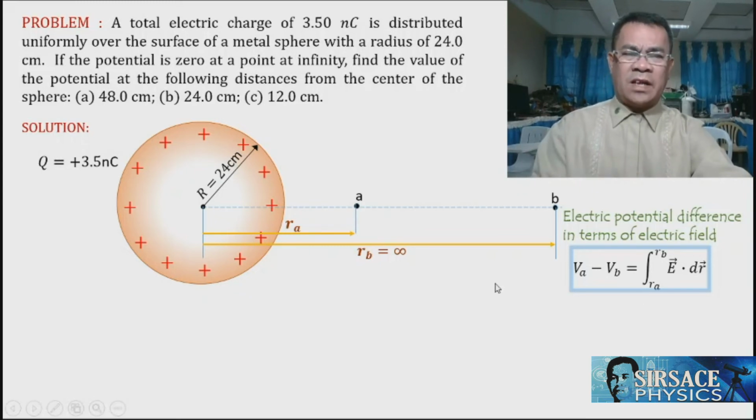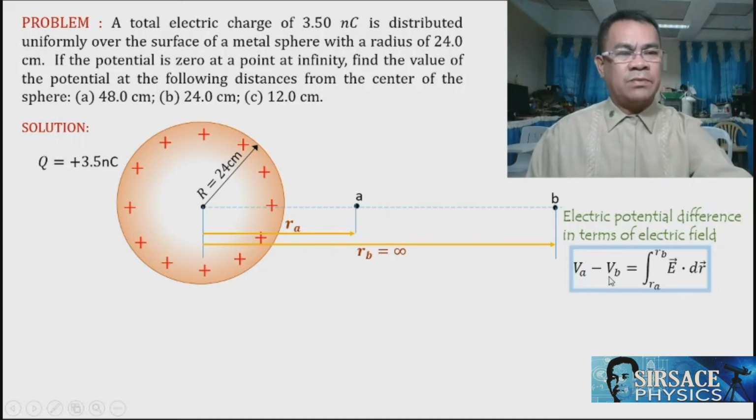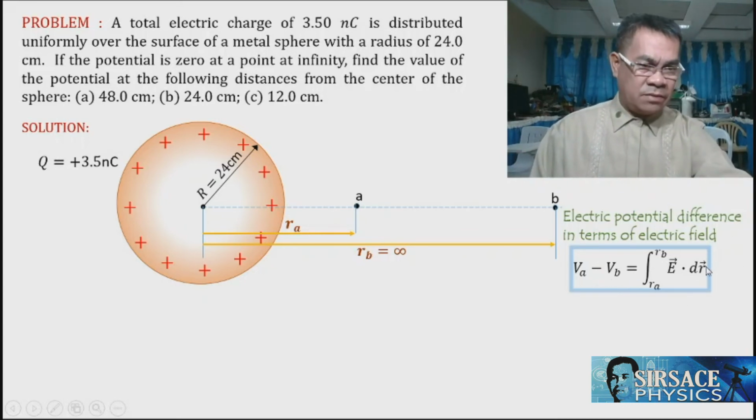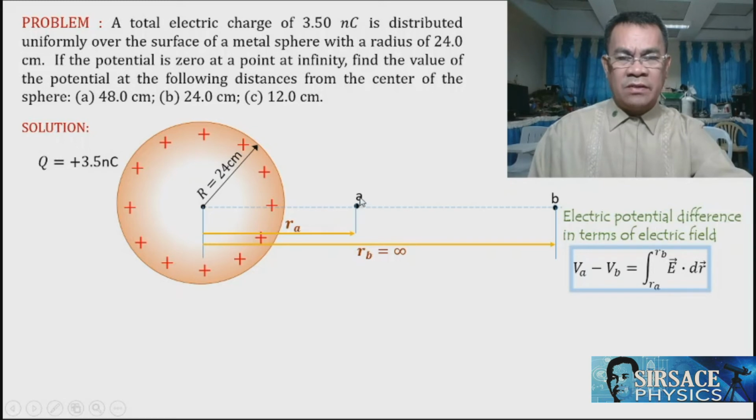But this time, we will solve this one in terms of the potential difference formula. We can use this if we have the potential difference. In this case, we are guided that 1 point is 0 at infinity. So therefore, if this is our point of interest, this will be our point A, and this will be our point B, final.